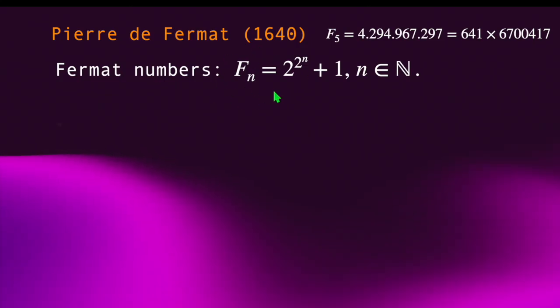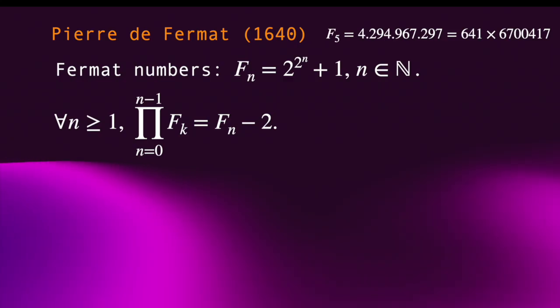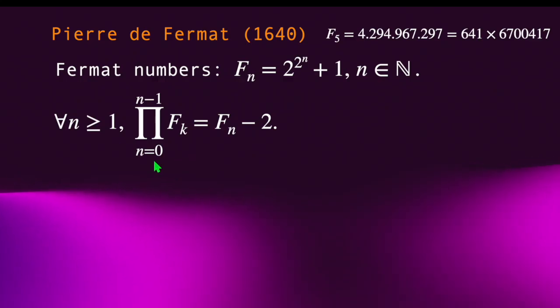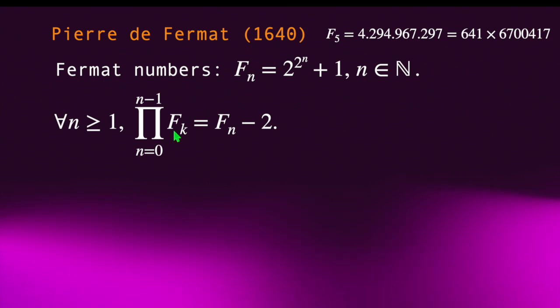So the first property is that the product of the Fermat numbers F0 through Fn-1 is equal to Fn minus 2. So we have this identity.